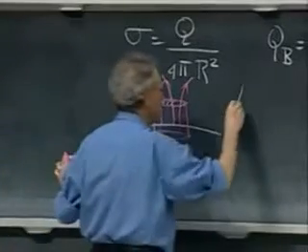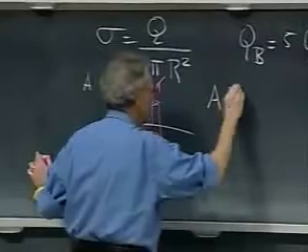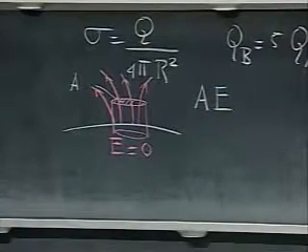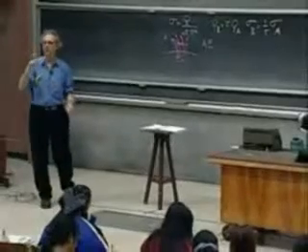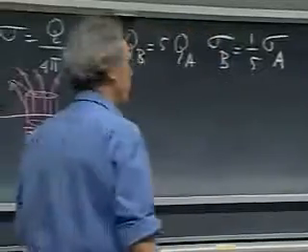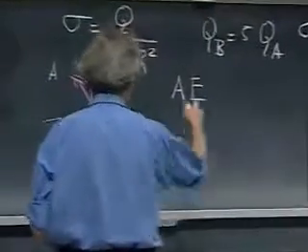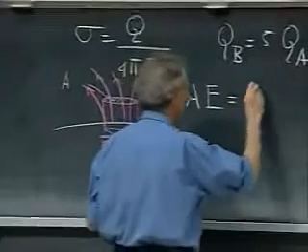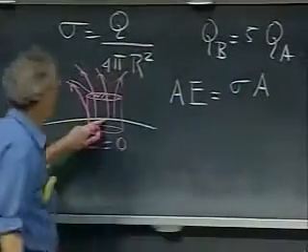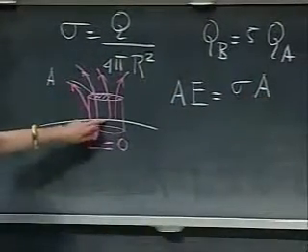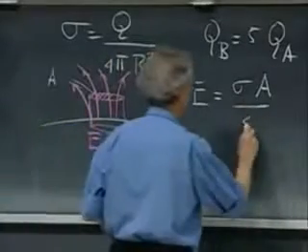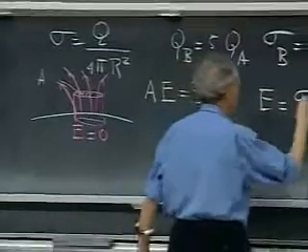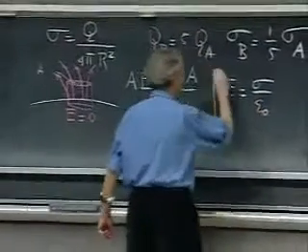And so what comes out is the surface area A times the electric field E. The A and E are in the same direction, because remember, E is perpendicular to the surface of the equipotentials. And so this is all there is for the surface integral, and that is equal to all the charge inside. Well, the charge inside is, of course, the surface charge density times the area A, divided by epsilon 0. This is Gauss's law. And so you find immediately that the electric field is sigma divided by epsilon 0.